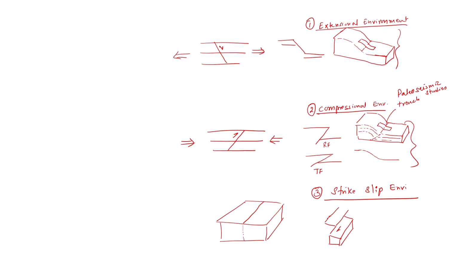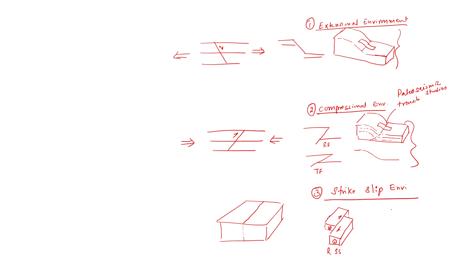Okay. So if this is the scenario, then this right block is moving towards us, and this is moving away from us. Okay. So this we will call right lateral strike slip fault.